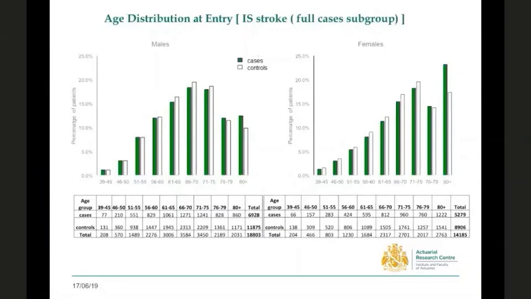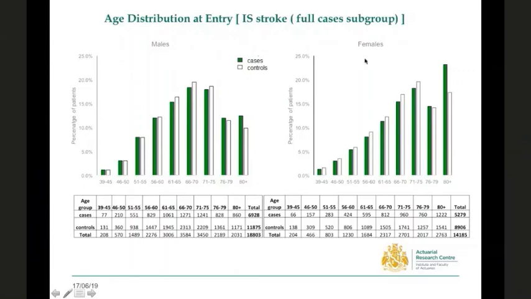Now we're going to explain some exploratory descriptive diagrams. The following is the age distribution at entry for ischemic stroke full cases. The first one on the left relates to the males and the second one to the females.